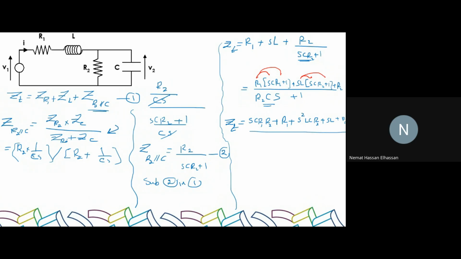All of this is divided by 1 plus SCR2. Up till this point, are we clear?